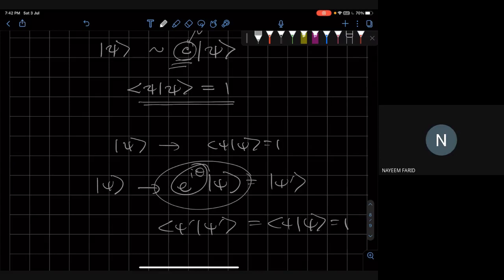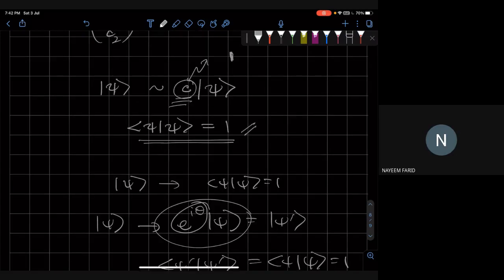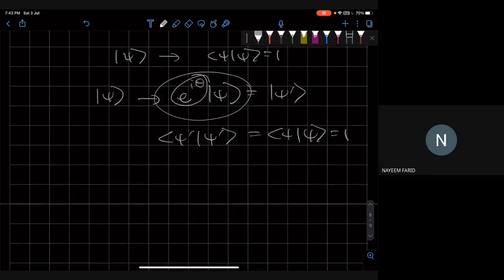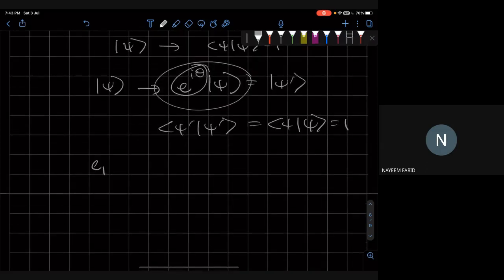So the fact that we have normalized it still means that there is an arbitrary phase freedom that we have not used up. So we can use that freedom to fix C1 to be a real number.